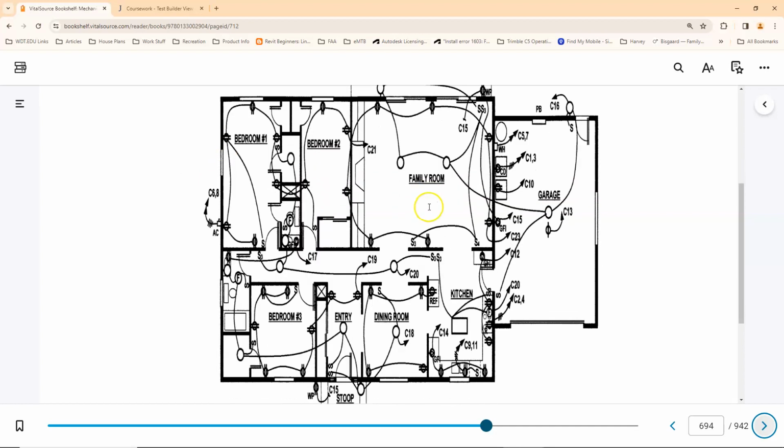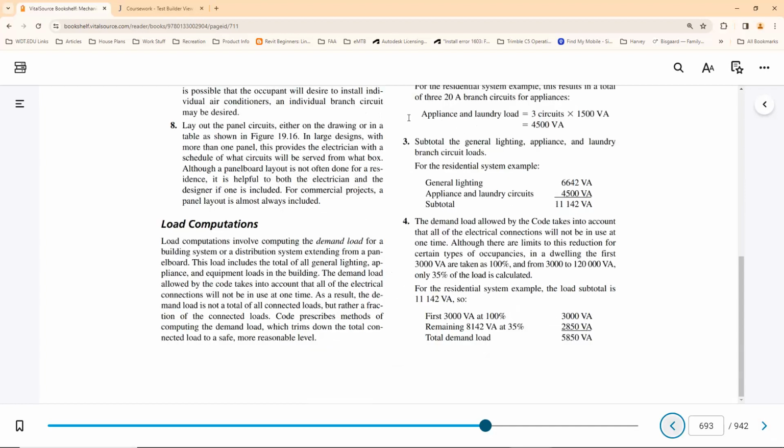So you can spend more time analyzing this particular plan, but this is basically what needs to be shown. We can look at this pretty easily as a contractor and understand how the designer intends for this to be wired. Even though we're not necessarily dictating exactly where those wires run, we know that each circuit is going to run a certain number of outlets and switches and lights based on this diagram.